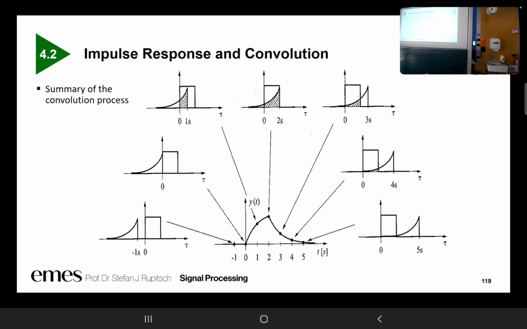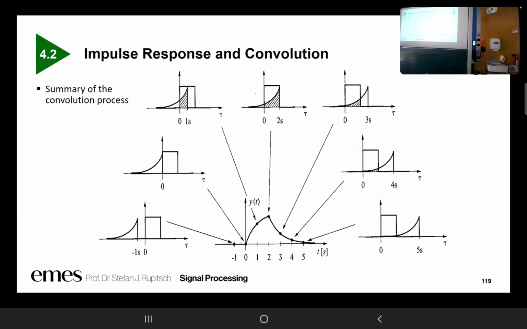Good. Here also, to my mind, a very good slide to show the graphical interpretation of the convolution integral. Here is the output of the signal, and here we have the input, this rectangular signal, and the flipped version of the impulse response shown here. Here for this point, there is no overlap.